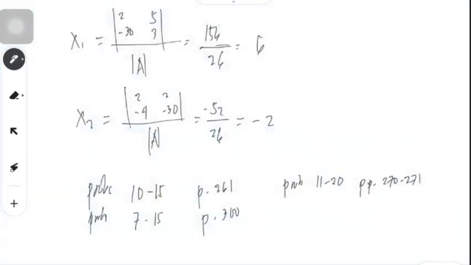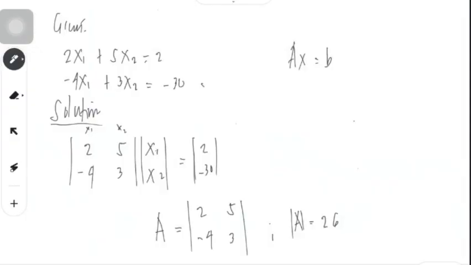to find the value of x sub 1 dito. If you're interested on the value of x sub 1, you're going to replace the column for x1. Ito yung column for x1 eh. Ito yung column for x2. To solve for the value of x1, replace the column for x1 by the constant. No?